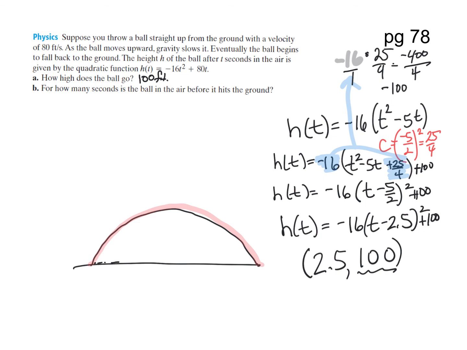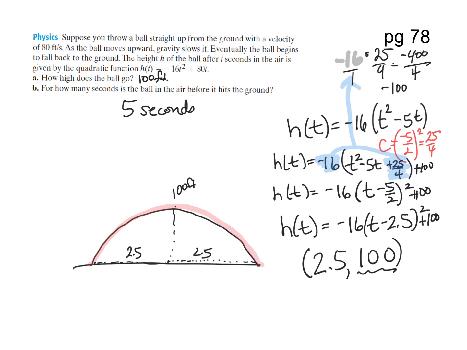No, because after 2.5 seconds, it's reached its maximum height of 100 feet. So it's still in the air until here when it hits the ground, so 5 seconds. That's how long the ball is in the air.